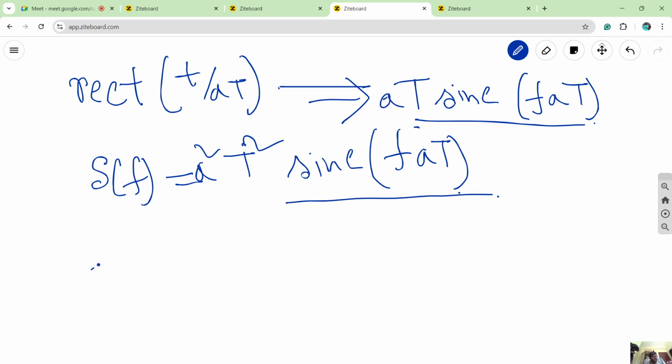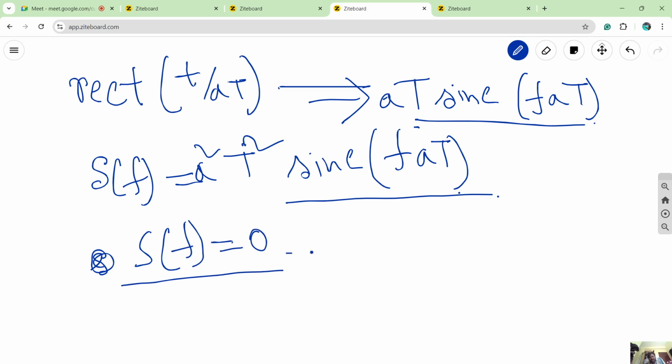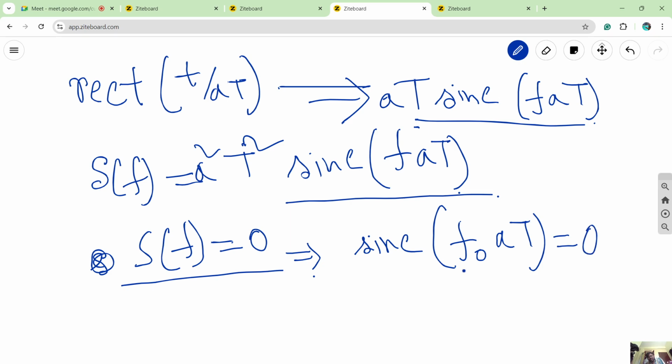So for S of f to become 0, we have to find at which point sinc of f0 aT is equal to 0. What is f0?